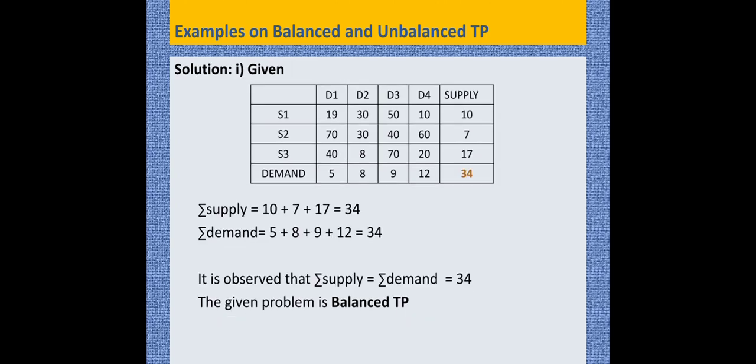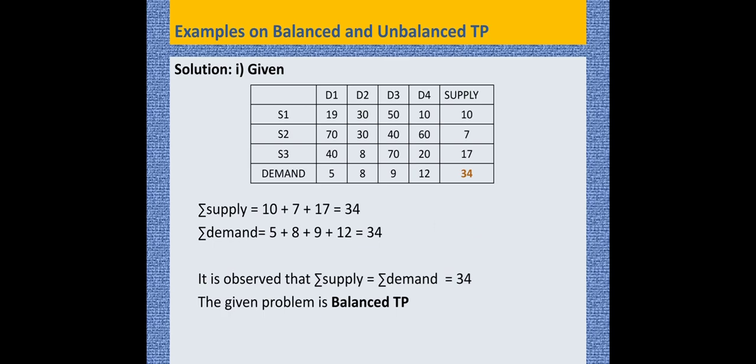So here, if you see, this is the matrix given here. If you add the supply, that is summation of supply will be 10 plus 7 plus 17, which is 34. Similarly, summation of demand is 5 plus 8 plus 9 plus 12, which is equal to 34. It is observed that summation of supply is equal to summation of demand, equal to 34. Then the given problem is a balanced transportation problem.